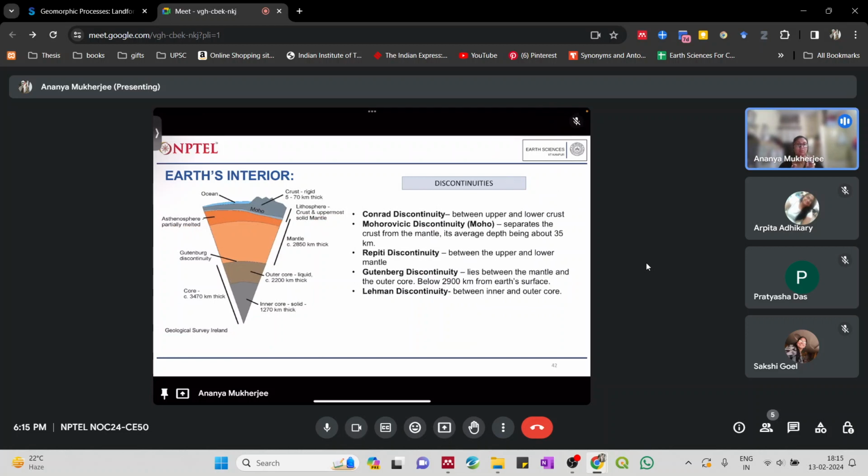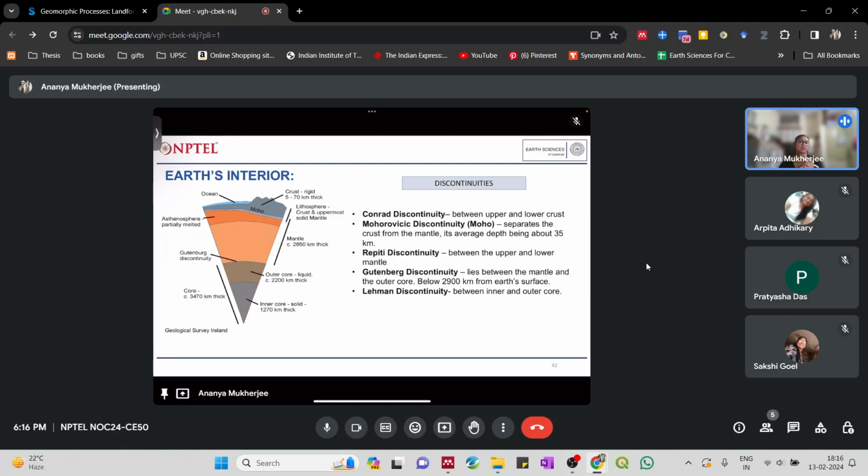So now for all the layers we have learned that there are differences in their properties, in the way that they exist and the composition that they have. So how can you delineate these layers? Like, where do you know that this layer has ended and we have moved on to a different layer of the Earth's interior?